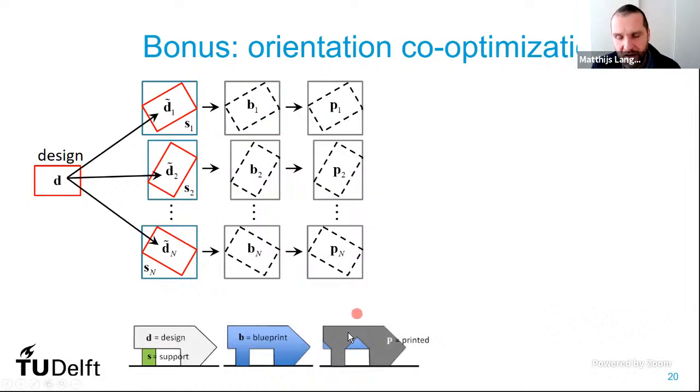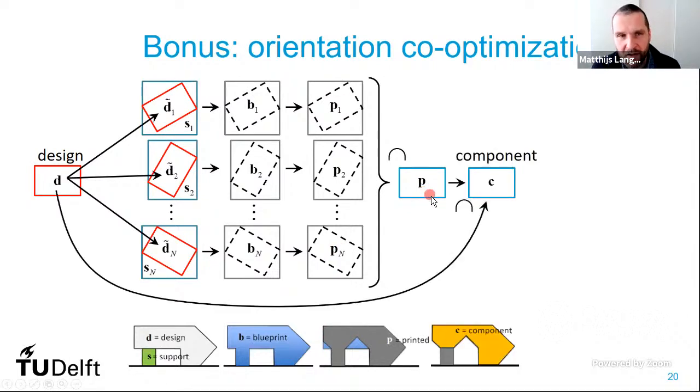For these, I apply this printing filter in order to get the printable domain that's indicated here in the black part. Then I take all the printable domains together of all these orientations. The common part that is printable in all directions, I consider as the printed part. Then I have to cut off the supports by taking the intersection with the original design field, and that leaves me with the component that would be the yellow shape here in this drawing.